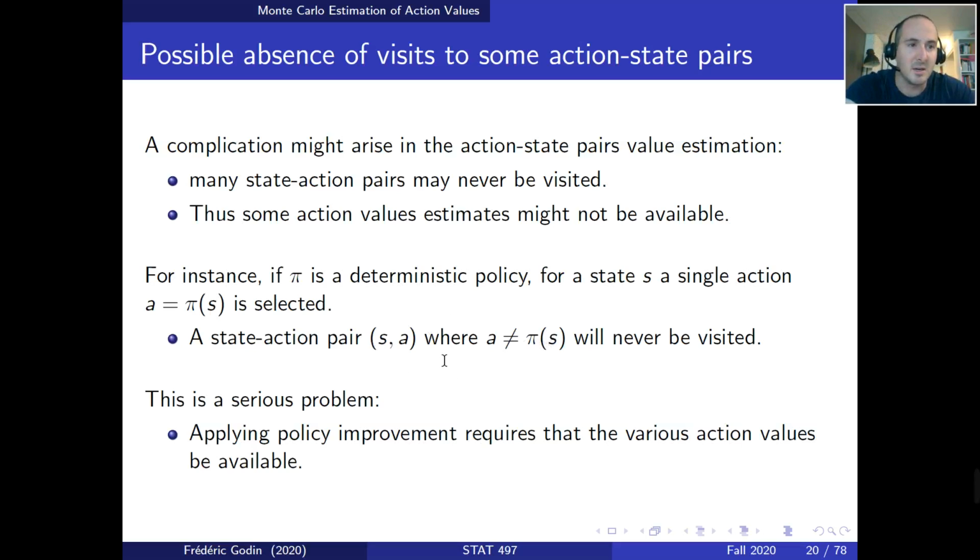This is a serious problem because, as we said, if you want to do some policy improvement, you need to have estimates for the value of all the actions, not only for the action selected by your current policy.